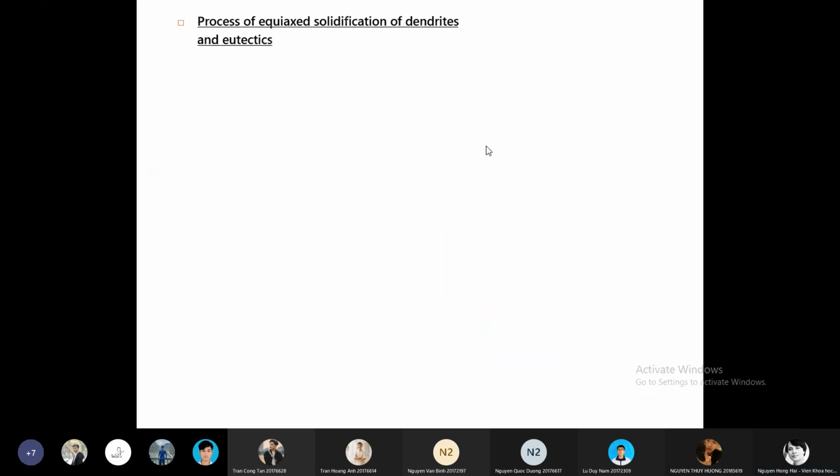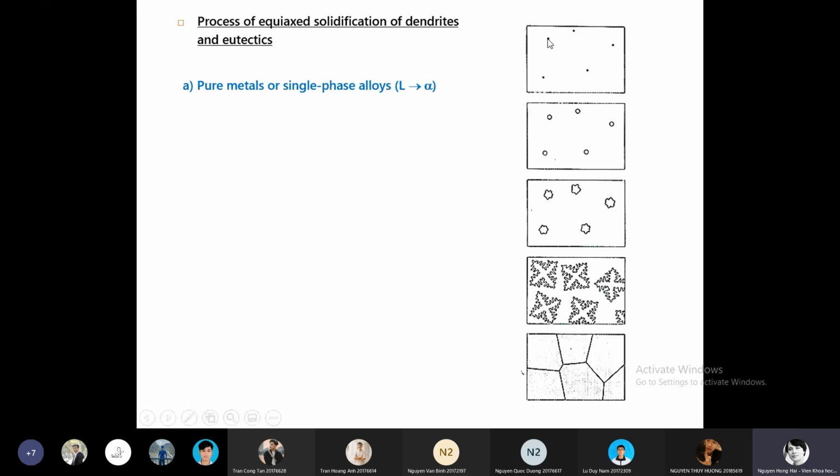Okay, so we can see the process of the solidification of dendrite, for pure metal or single phase alloy. Only from liquid, only one phase can be formed. Like this. The nucleation, the nuclei can be developed, grow until they impinge each other. Firstly, we have the nuclei formed initially.